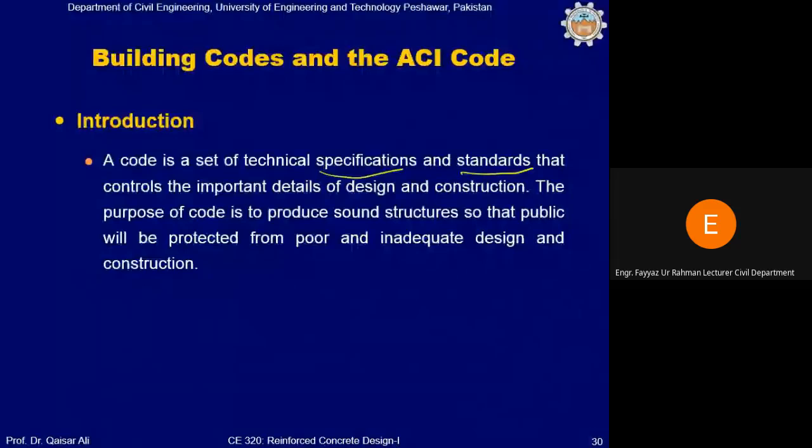So I told in the previous class that specifications are basically the part of the code which contains the properties desired from a material, and how to ensure that those properties are achieved. How to ensure that for a specific material those properties have been achieved.